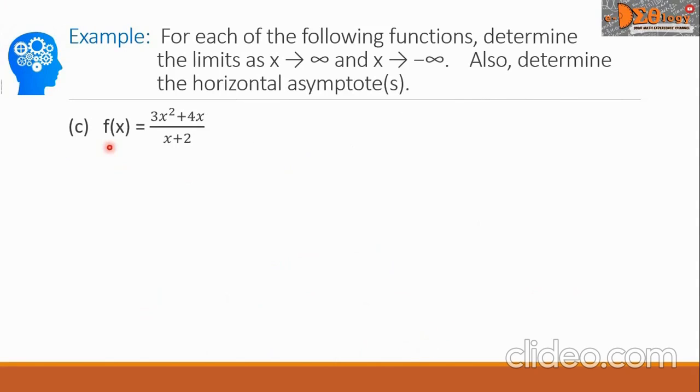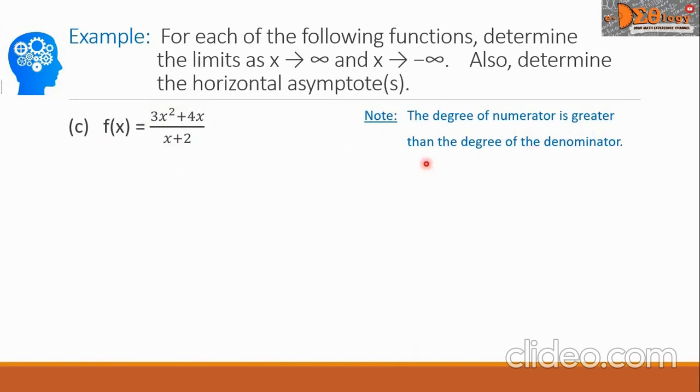Let's go now to the third function. f of x equals 3x squared plus 4x all over x plus 2. Note here that the degree of the numerator is greater than the degree of the denominator.